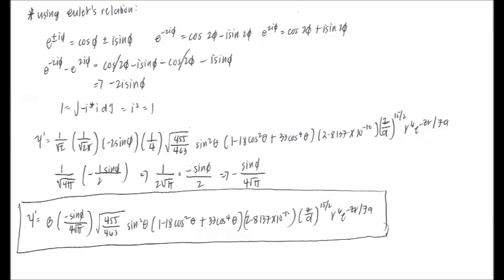So cancel na yung I. So our new eigenfunction is 1 over square root of 2 times 1 over square root of 2 pi times negative 2 sine 2 phi times 1/4 times square root of 455 over 463 times sine squared theta times 1 minus 18 cosine squared theta plus 33 cosine to the 4th theta times 2.8137 times 10 to the negative 10 times z over a raised to 15 over 2 times r raised to 6 times e raised to negative zr over 7a.